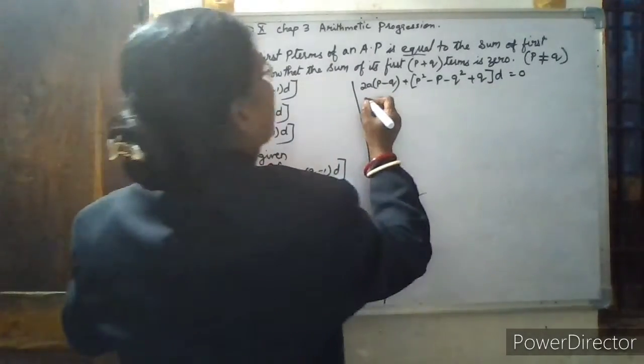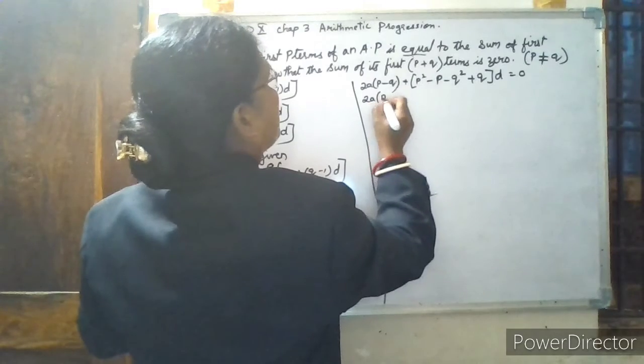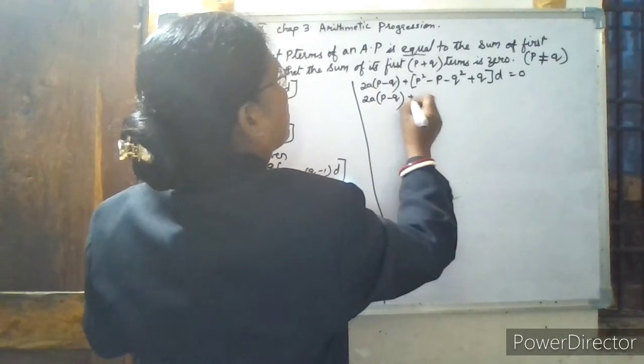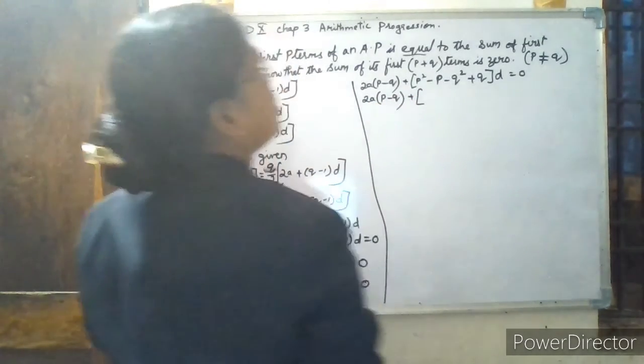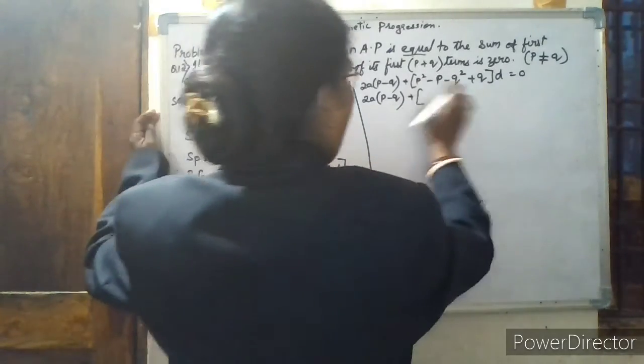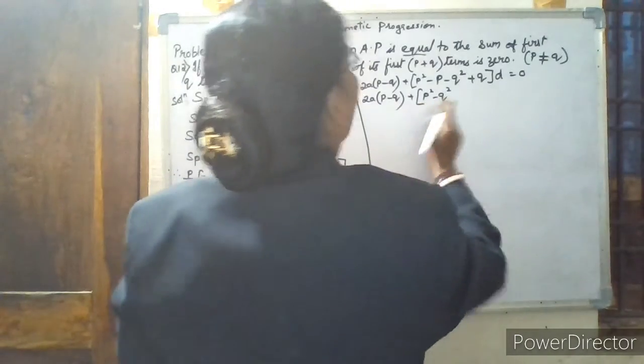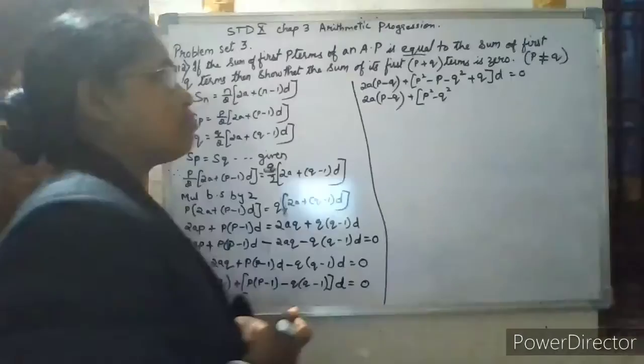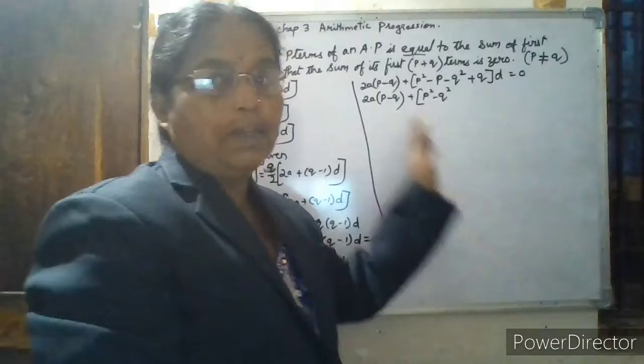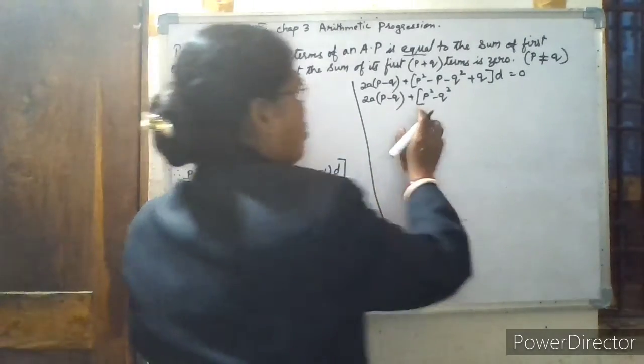Now 2a into p minus q remains as it is, plus in the square bracket we can arrange p square minus q square. We get it in the form of a square minus b square equals a plus b into a minus b, so we can factorize it.